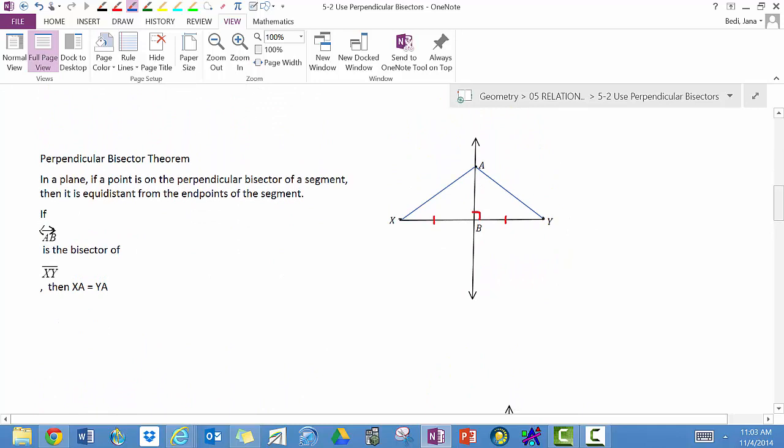Okay, perpendicular bisector theorem. It says in a plane, if a point is on the perpendicular bisector of a segment, then it is equidistant from the endpoints of the segment. This is exactly what we saw earlier.